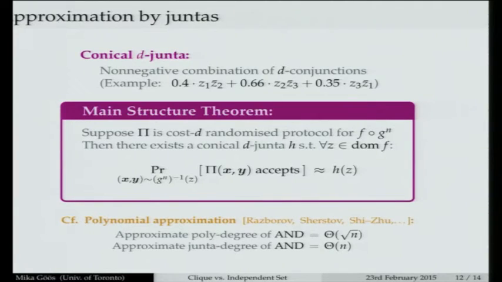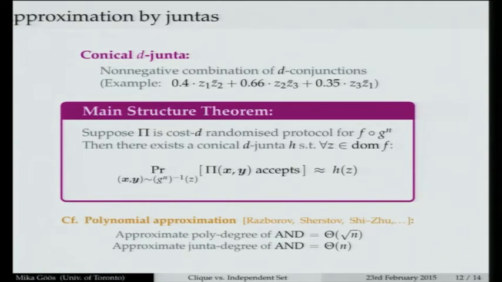For starters, there are root n degree polynomials that pointwise approximate the AND function, which doesn't make intuitive sense to me. Apparently, this is the truth for some quantum protocols, so that's fine. But I want to understand classical computing, and these are non-negative versions of polynomials. They behave more intuitively. In particular, for the AND function, as your intuition tells you, you need to read almost all of the inputs to approximate it.